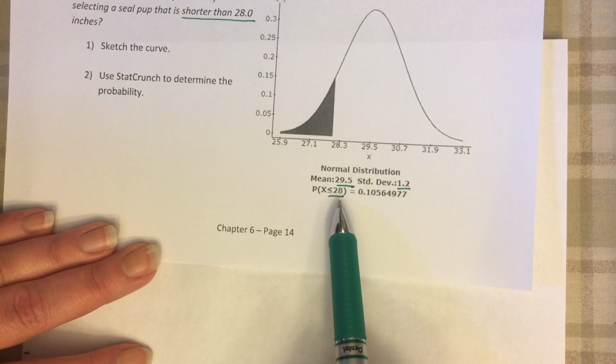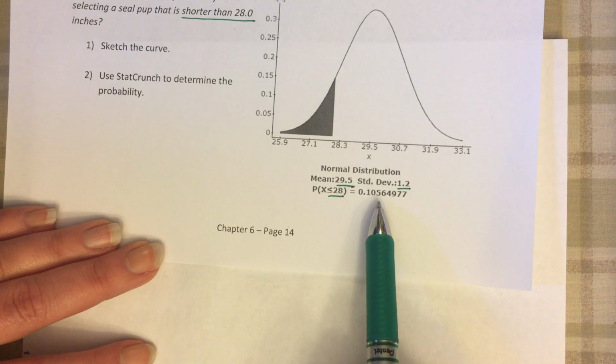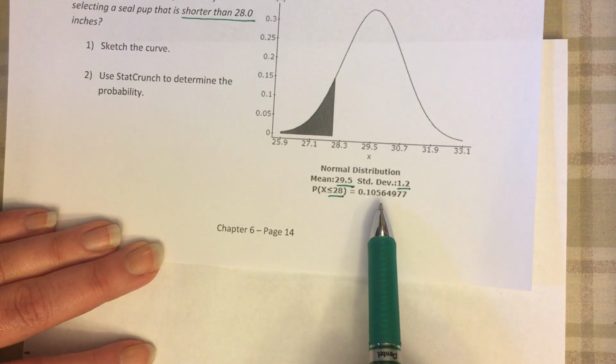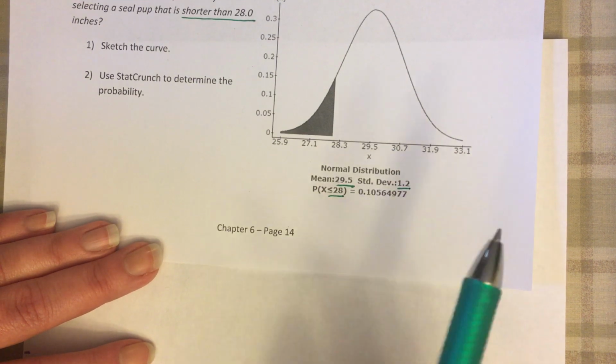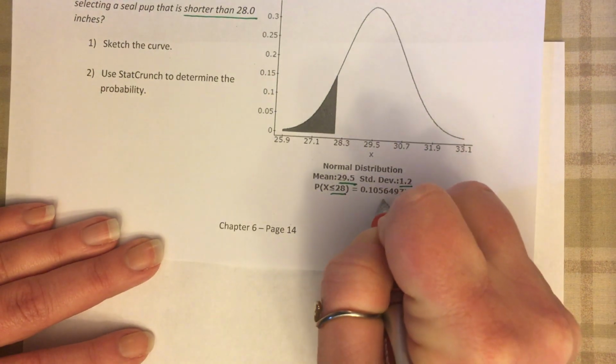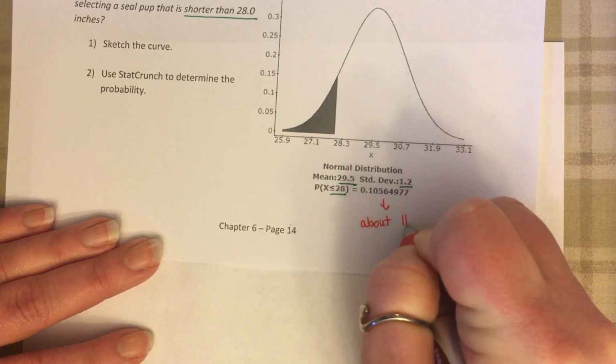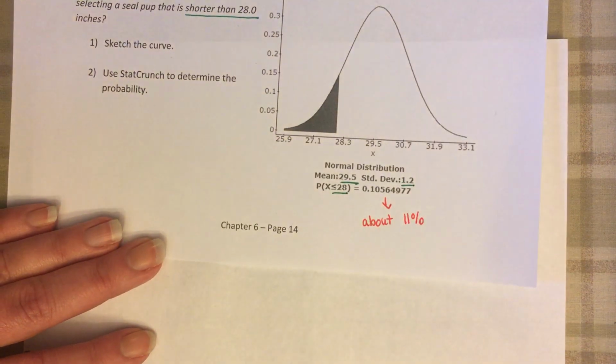So I entered a 28. If we look at this answer, the answer that we got on the previous example from a table was 0.0156. What we have here is the same. So this answer rounds to about 11%, just like our previous example did.